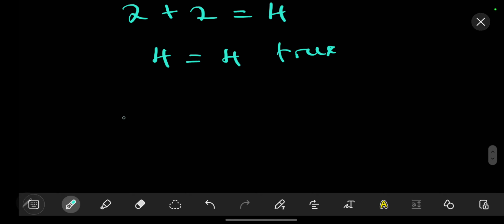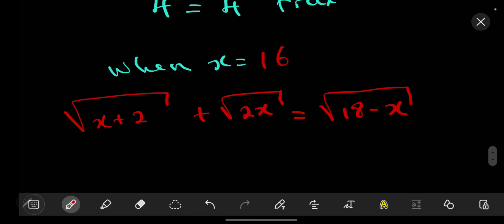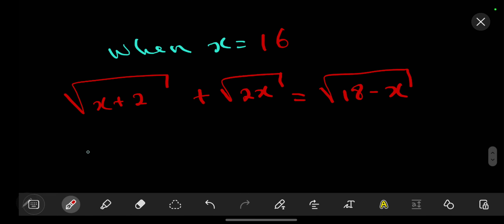Let's also try when x is equal to, what do we have? So the value that we have found is not 18. We have found when our x is equal to 16, which is the other value we found. So replacing, what value are we going to have? We have the square root of 16 plus 2.